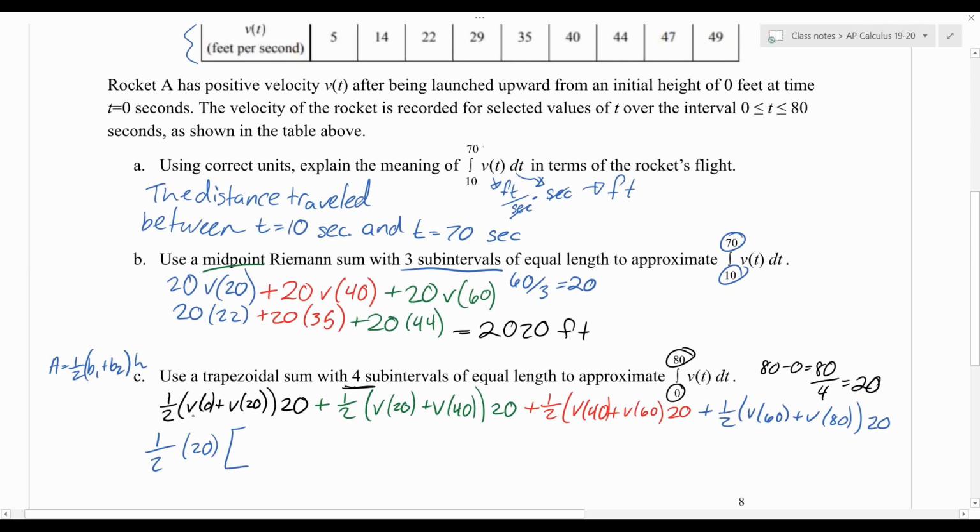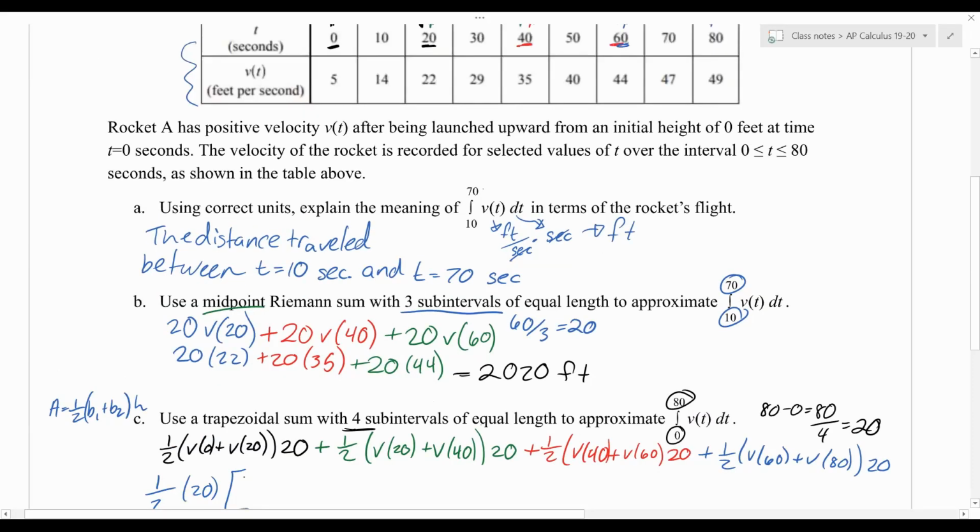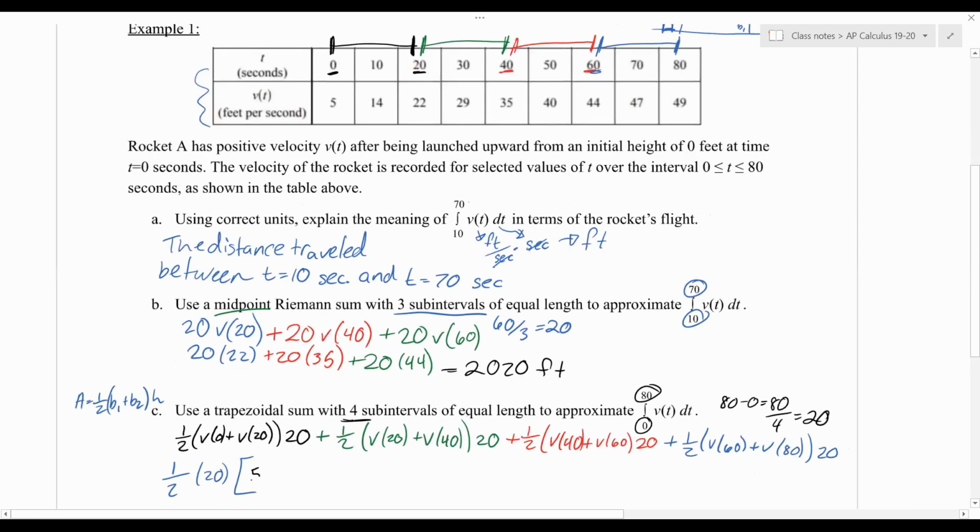So now we can just focus on the v of whatever we have. So v of 0 is 5, v of 20 is 22, plus v of 20 is 22, plus v of 40 is 35, plus v of 40 plus v of 60 is 44.